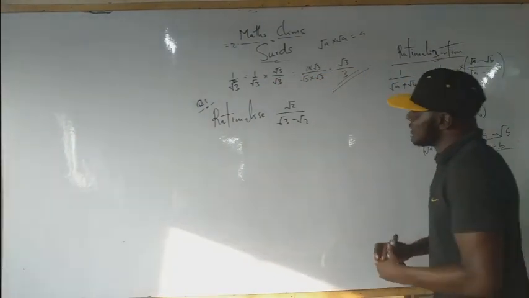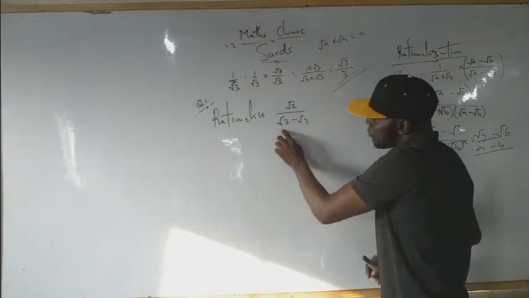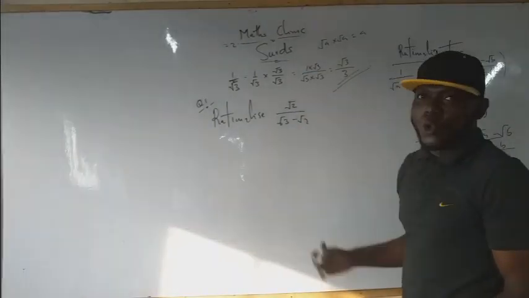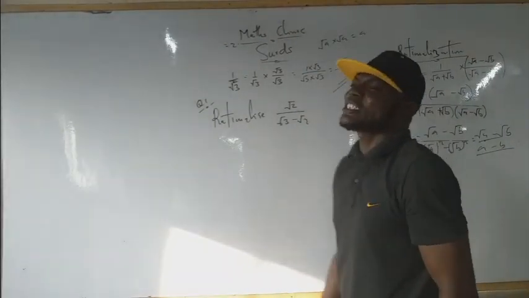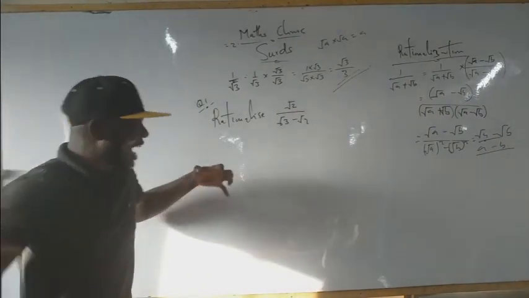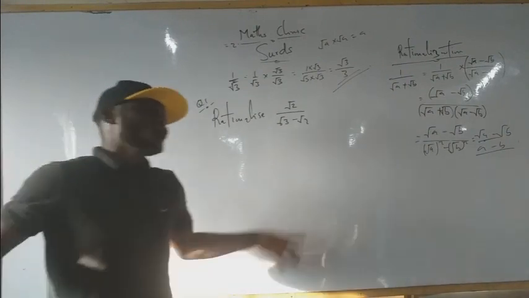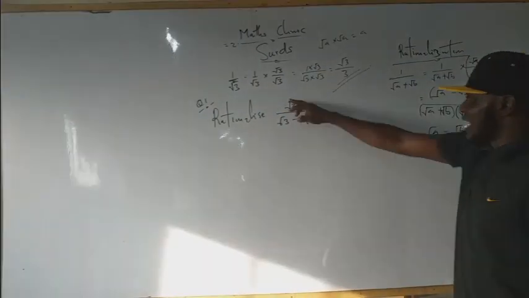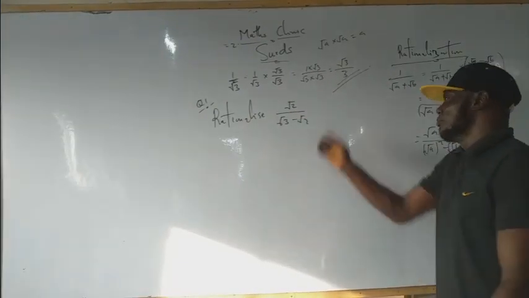Look at this, don't cancel this and this, because of the minus there. The minus is just like a bond, a kind of force joining root 3 and root 2 together. What God has joined together, let no man put asunder. Please, you can't cancel this and this.